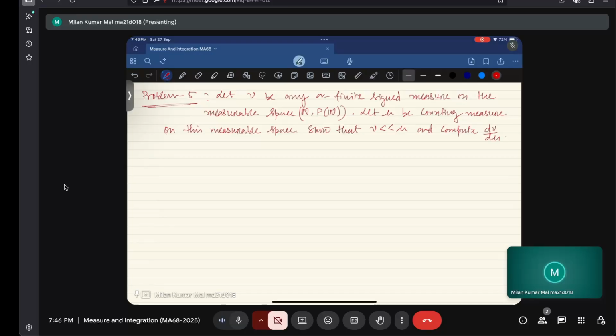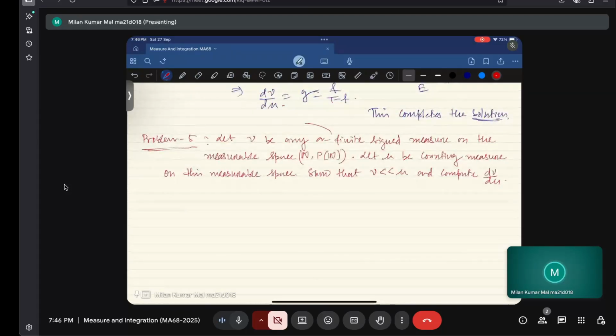So here there are two measures. One is any sigma finite signed measure. Sigma finite means that the set N can be written as a countable union of sets E_n such that the modulus of nu of E_n is finite for all n.